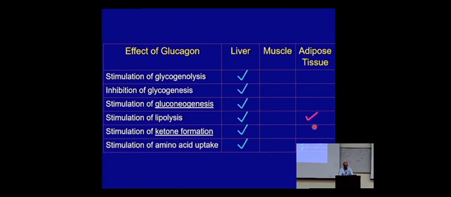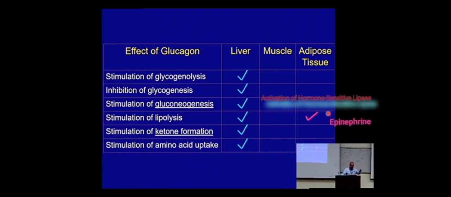This is an effect of epinephrine on the beta-adrenergic receptor that in turn activates adenylate cyclase in adipose tissue, producing cyclic AMP, activating PKA, which phosphorylates hormone-sensitive lipase that breaks down the TAGs in adipose tissue and makes those fatty acids available to the rest of the body. Okay, so that's why it has a different color. This is due to epinephrine.